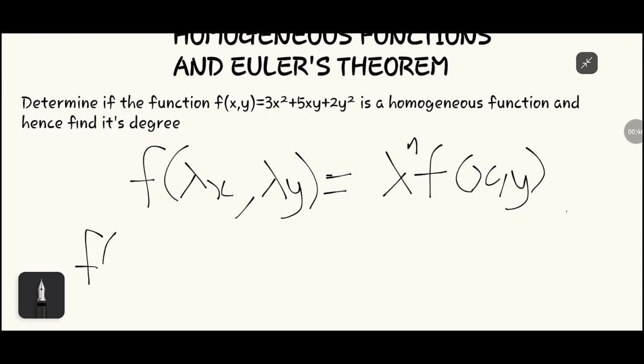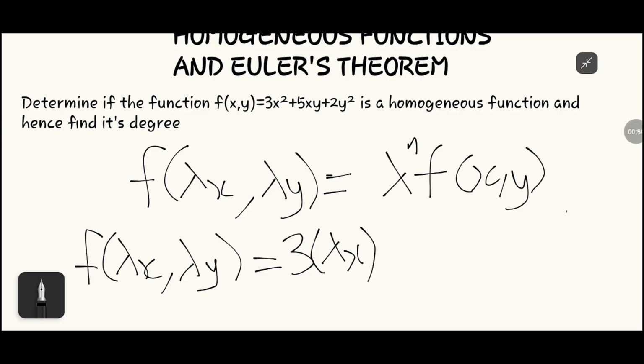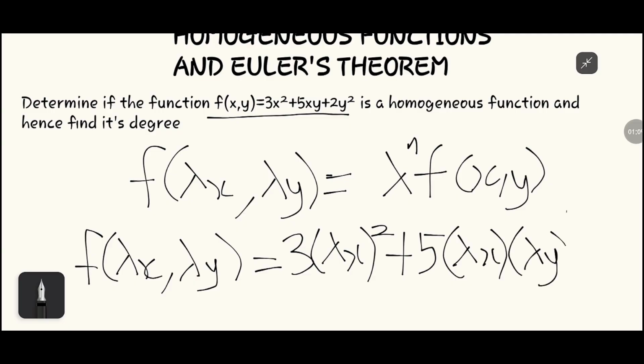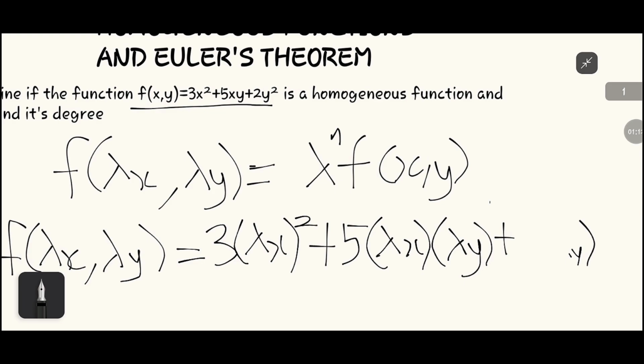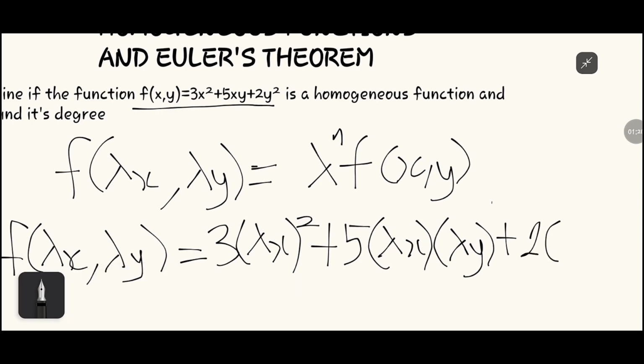So we'll have f of lambda x, lambda y equal to 3 into lambda x whole squared. Here we see x, we put lambda x, and 5 into lambda x, lambda y plus 2 into lambda y squared.